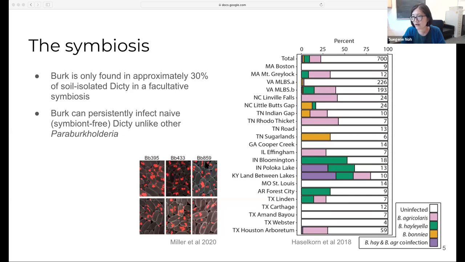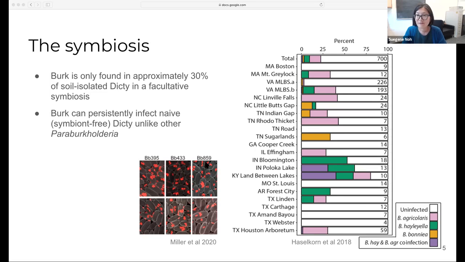These Burk are also the only ones in that phylogeny that I just showed you that can persistently infect hosts, so they can form a facultative intracellular symbiosis. This means that we can actually isolate and culture these Burk outside of their host.